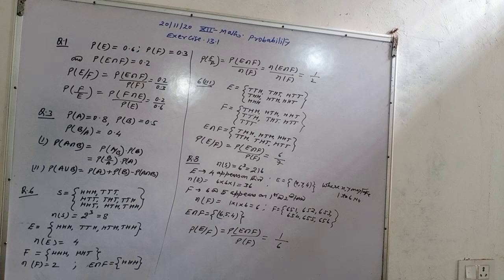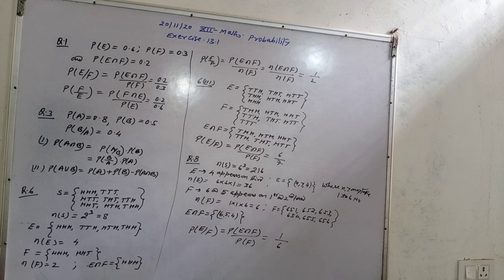When a coin is tossed 3 times, it may show all 3 times head H, or all 3 times tail, or 1 time head, 2 times tail, there will be 3 sets, 2 times head, 1 time tail, there will be 3 sets. Means total number of outcomes n(S) is equal to 2 cube, which is 8.